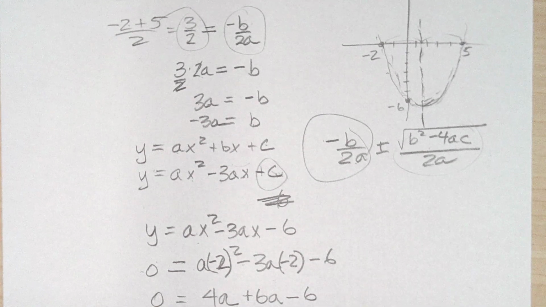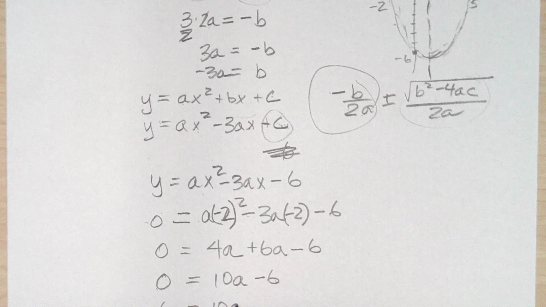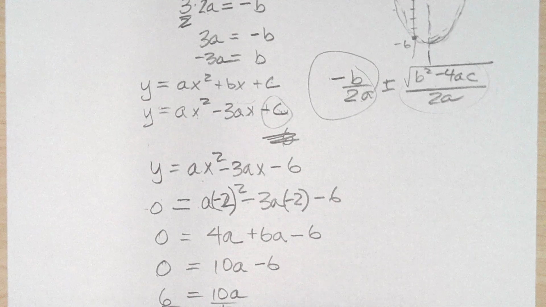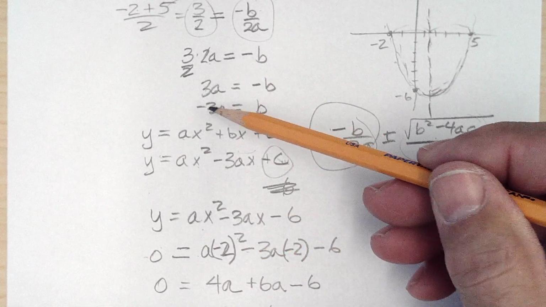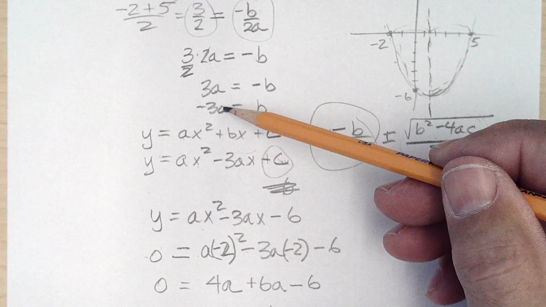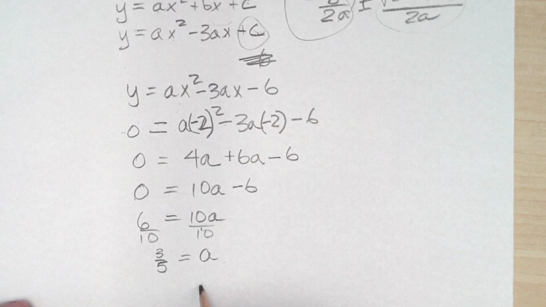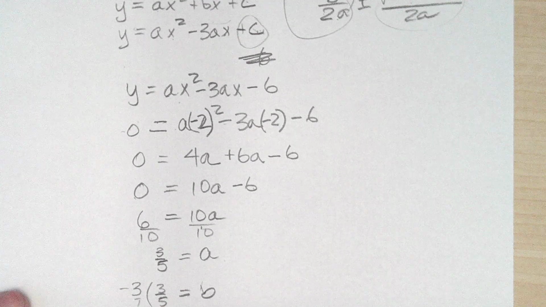So I get 0 equals 10a minus 6. Add 6. Divide by 10. And I get a equals 3/5. And if a is 3/5, b is negative 3 times a, so b has to be negative 3 times 3/5, which is negative 9/5.